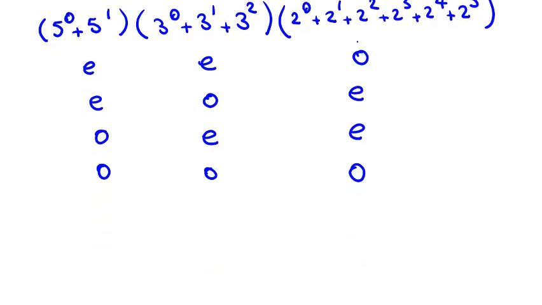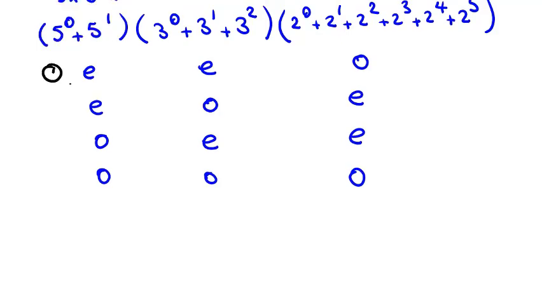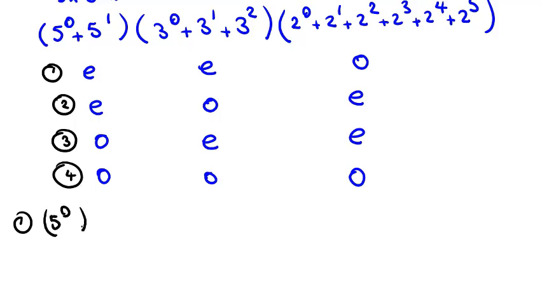So let me draw this: first one, second one, third one, and fourth one. For the first one, you say, okay, even, 5 to the power of 0, times even again, 3 to the power of 0, plus 3 squared, times odd, which will be 2 to the power of 1, 2 to the power of 3, 2 to the power of 5.